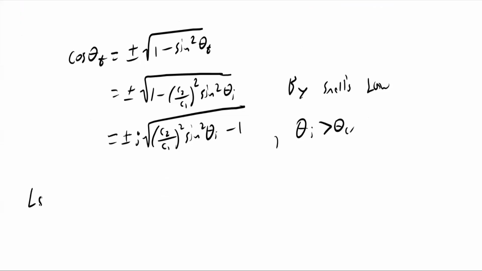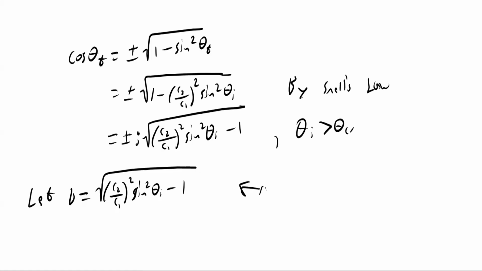For simplicity with our writing, we're going to let b be equal to the square root of C2 over C1 squared sine squared theta I minus 1, and this is real and positive.